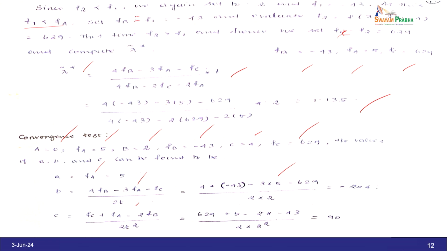And c equal to (fc plus fa minus 2fb) by 2t square, which is equal to 629 plus 5 minus 2 into fb, which is minus 43, therefore the net value is 90.